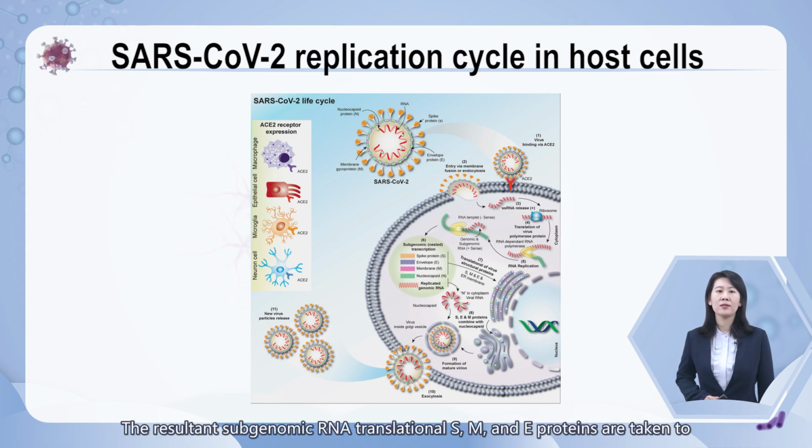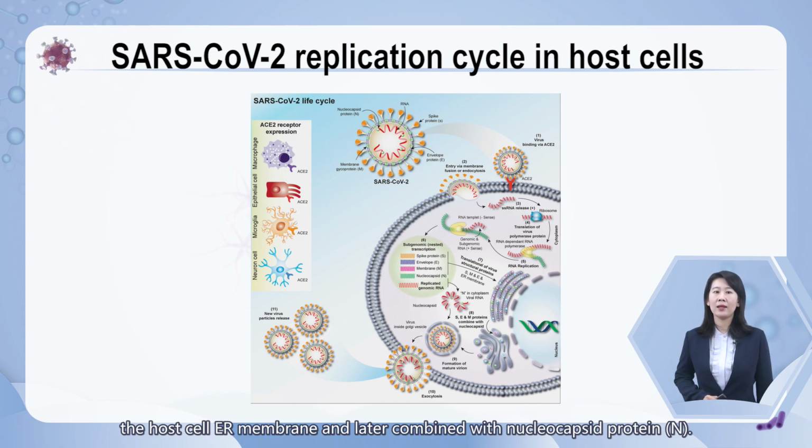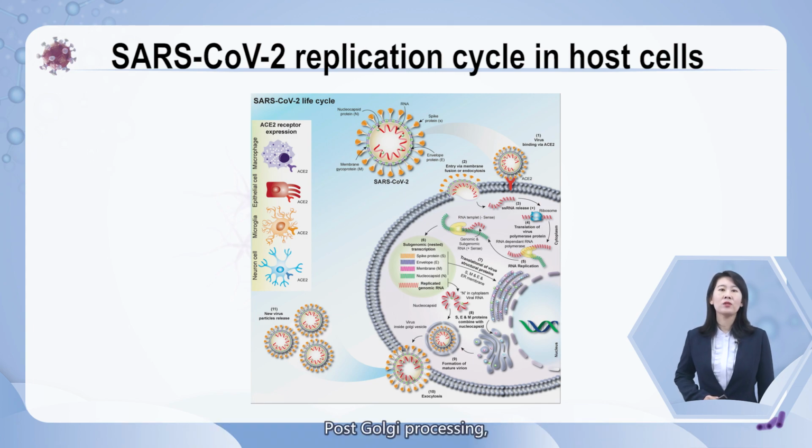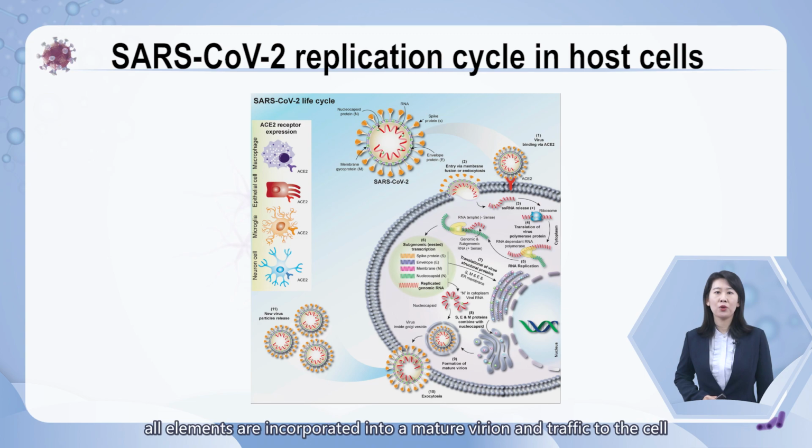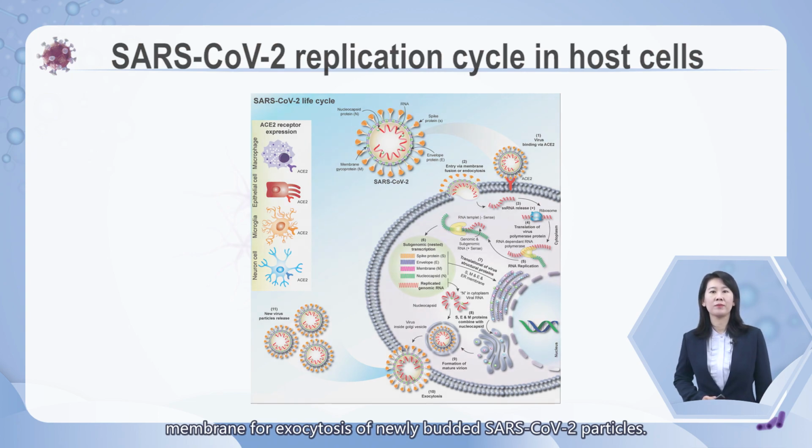The resultant subgenomic RNA translates S, M, and E proteins, which are taken to the host cell ER membrane and later combined with nucleocapsid protein N. Post-Golgi processing, elements are incorporated into a mature virion and trafficked to the cell membrane for exocytosis of newly budded SARS coronavirus 2 particles.